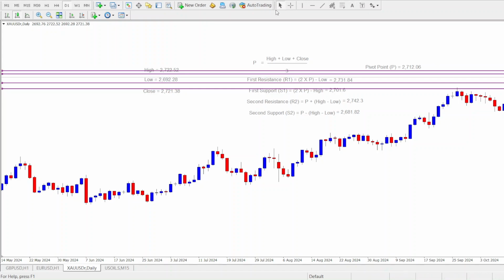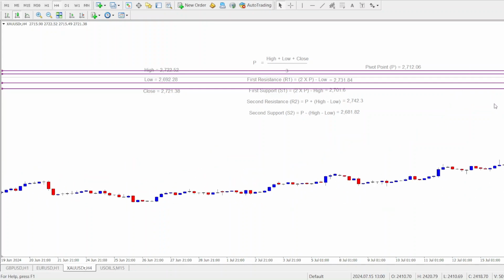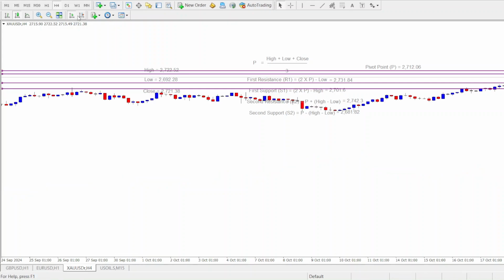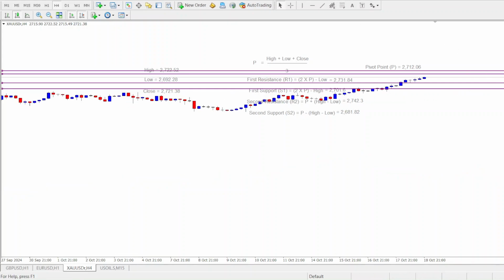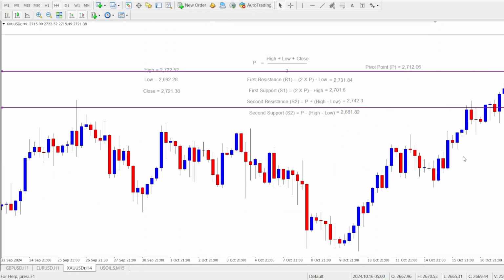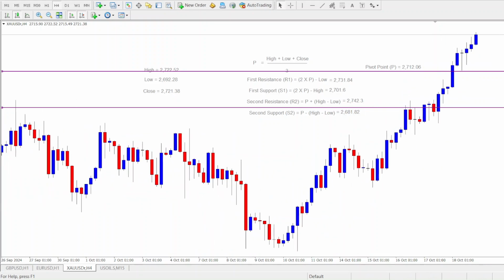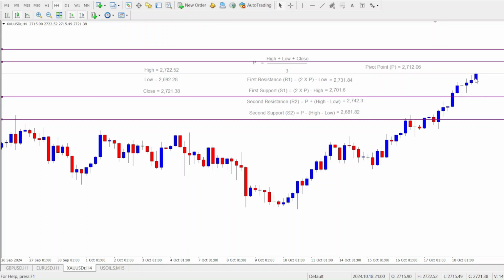So within the next trading day, there are chances of price seeing possible rejections around these zones that we just calculated.